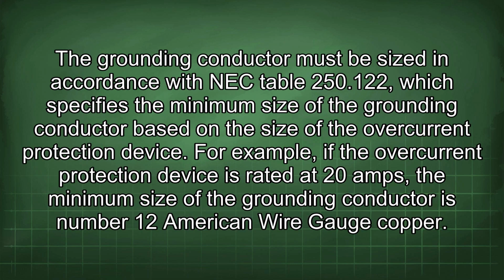The grounding conductor must be sized in accordance with NEC Table 250.122, which specifies the minimum size of the grounding conductor based on the size of the overcurrent protection device. For example, if the overcurrent protection device is rated at 20 amps, the minimum size of the grounding conductor is number 12 American wire gauge copper.